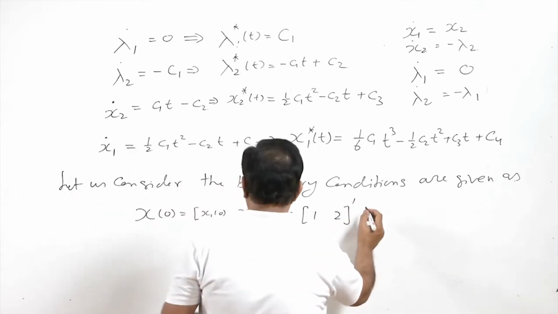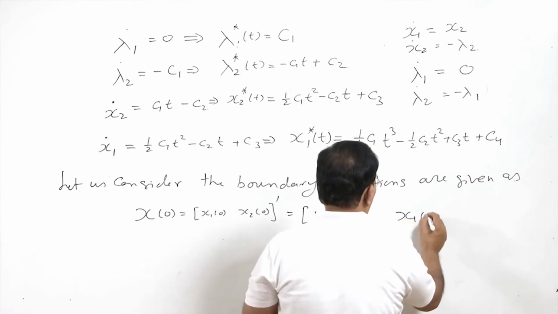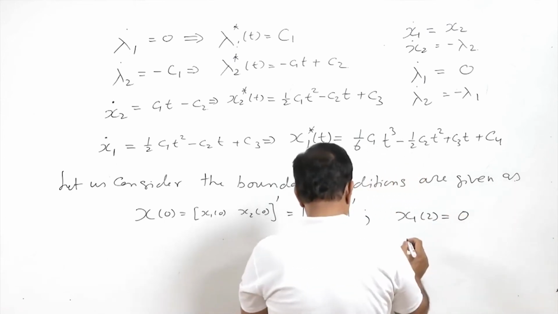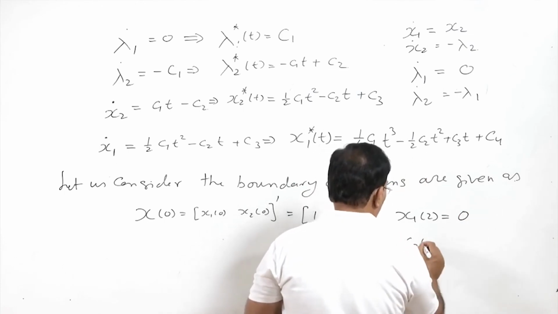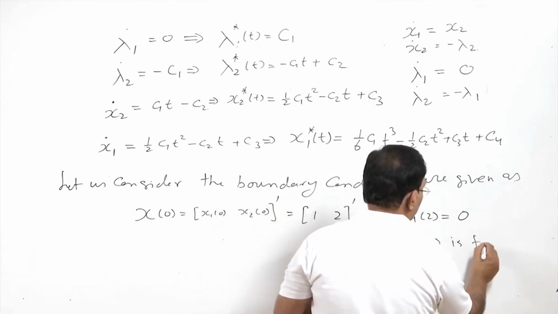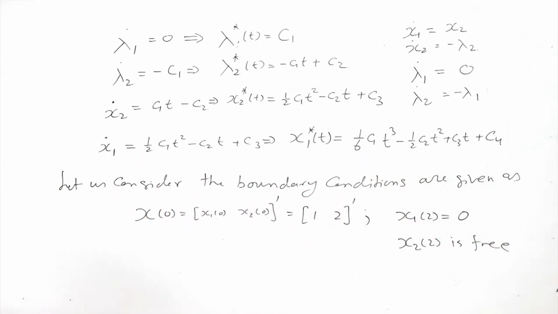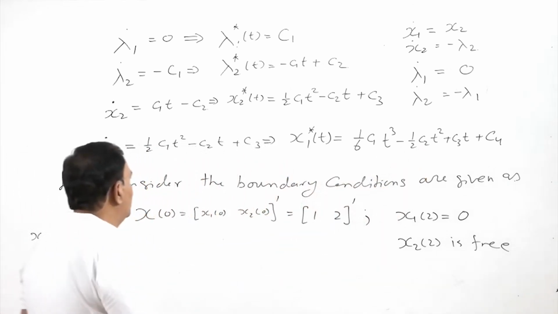Another condition is given as x1 2 equal to 0 and x2 2 is free. So I am given these conditions, like x1 0 equal to 1, and I have x1 t given here.